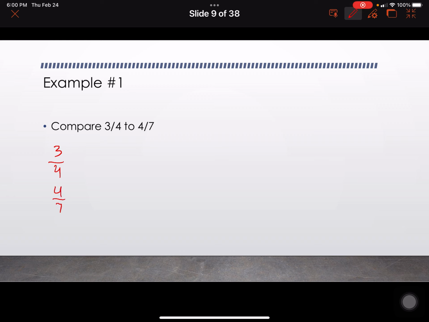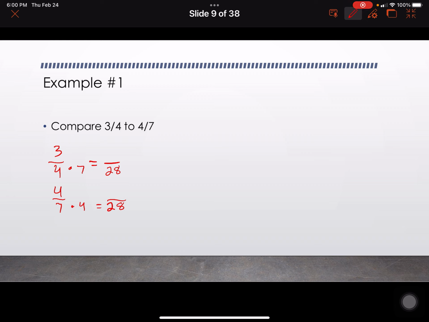The easiest way to think about this method is that we are basically starting out by multiplying the denominators together to get a new and different denominator that they both divide into evenly. So we have 4 times 7, 7 times 4, and that gives us 28 as our new denominator.